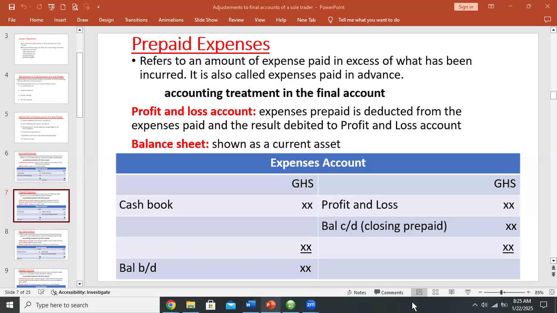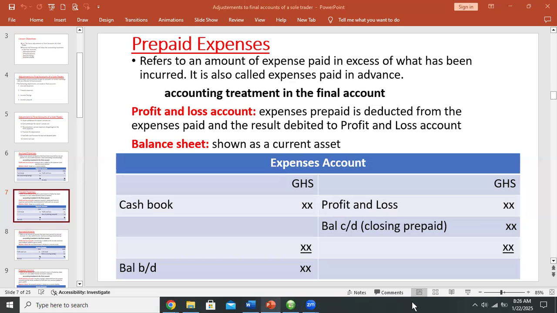So how I understand it is that the 5,000 is the prepaid expense, the excess of what is to be paid. Okay. Thank you very much for that point.